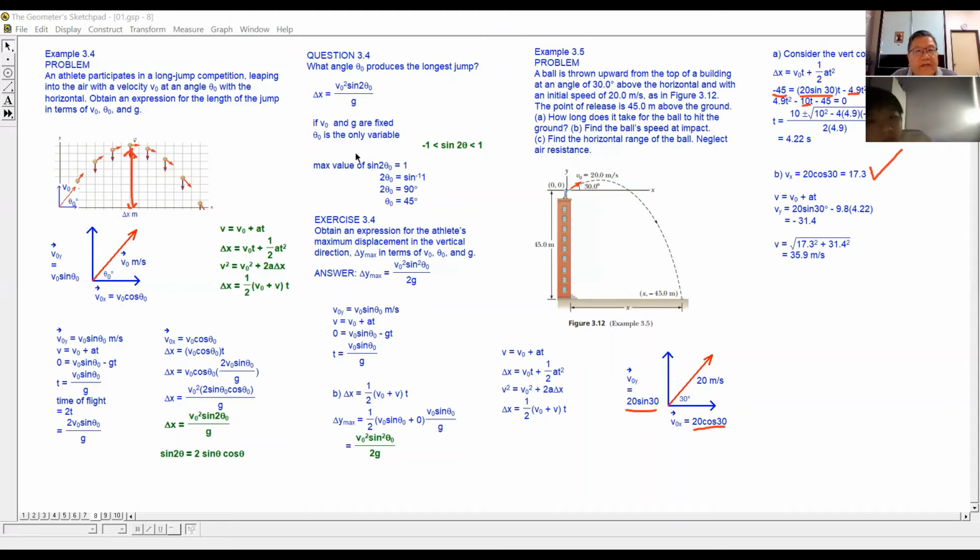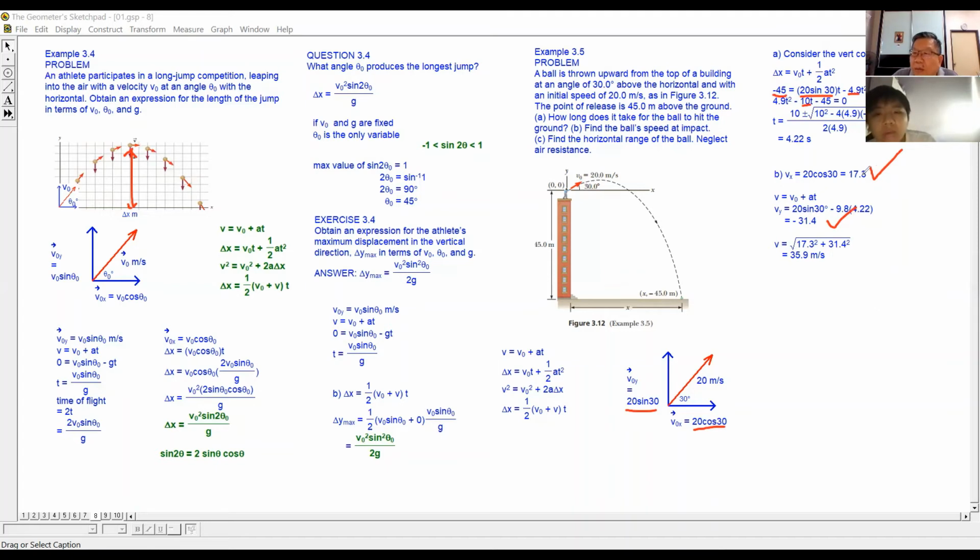So here we have the two components: the horizontal component, which is not changing, and the vertical component, which is changing. Right at this point, it is 31.4 meters per second.